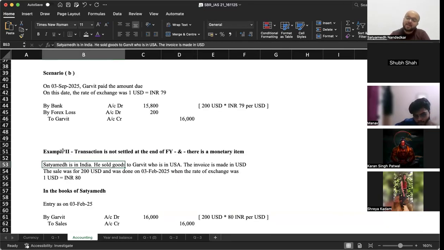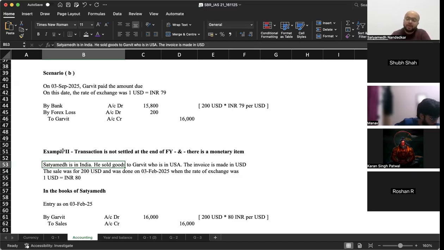Example 2 is when the transaction is not settled at the end of the financial year and there is a monetary item. Let's go back to our favorite question. Tell me, what is a monetary item? An item for which we are to pay or receive a fixed amount of cash. Items which can be converted into fixed or determinable amounts of cash are monetary items.